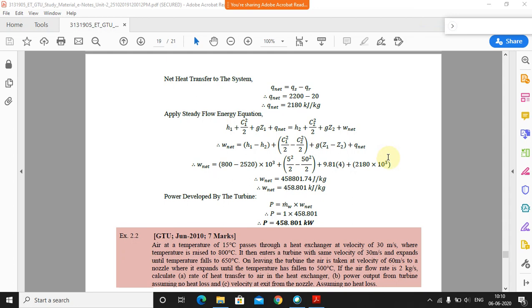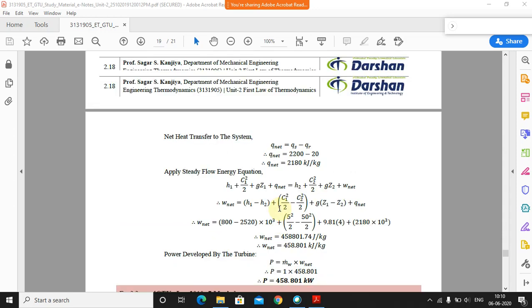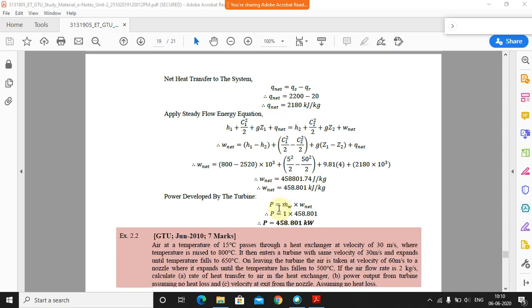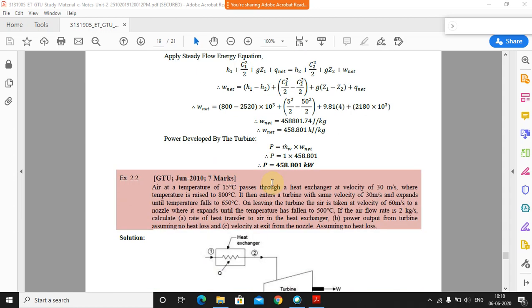Okay. So now what we need to do is find out the power developed by the turbine over there. The power developed by the turbine is nothing but the work done rate. So that is the mass flow rate into the work done, which gives the value of the power. So P is equal to m_dot into w_net.